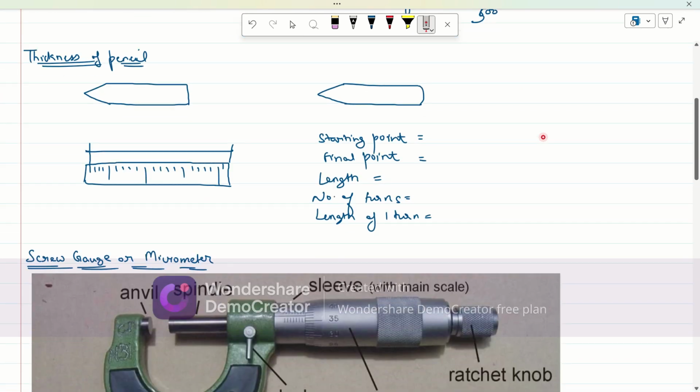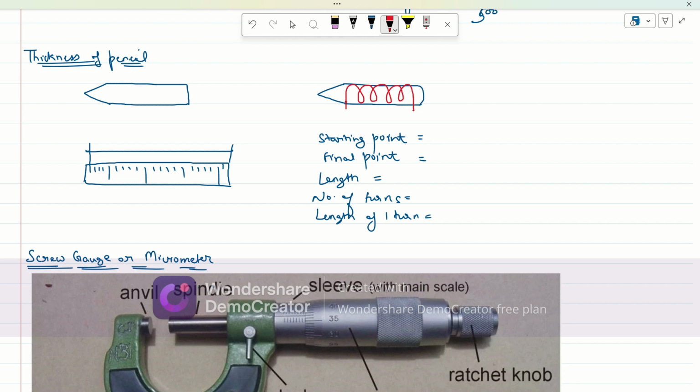Now how can we measure the thickness of a pencil? For example, I give you this pencil and you have to measure the thickness of this pencil. Then how can you measure? For measurement of the thickness, the first technique we can use is we will take a thread and wind the thread around this pencil like this. So I have made 4 turns around this pencil.